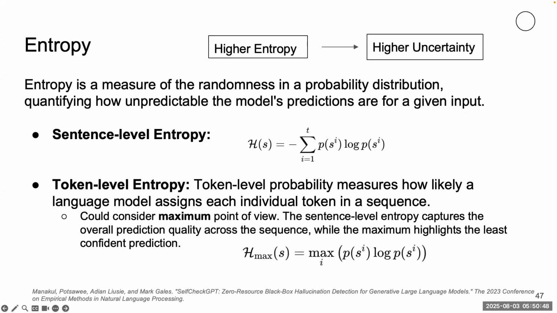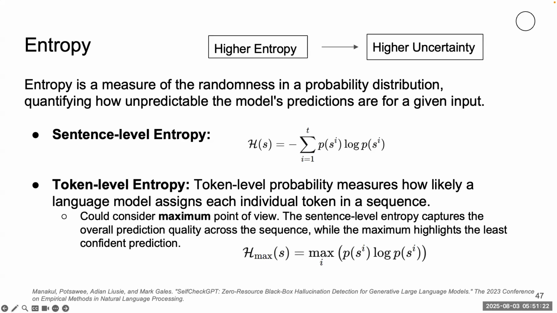You can also do token-level entropy, which measures how likely the language model assigns each individual token in a sequence. Then for the sentence-level, generated-sequence-level uncertainty, just use the maximum of the entropy over each token. So that's the entropy definition.